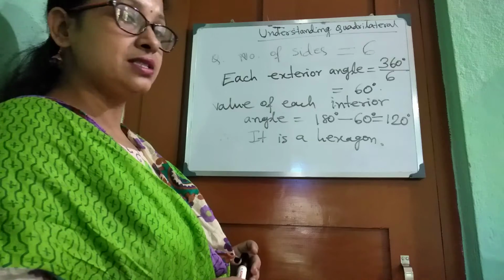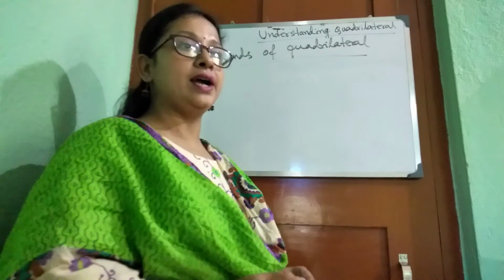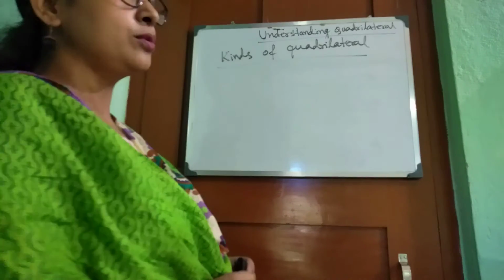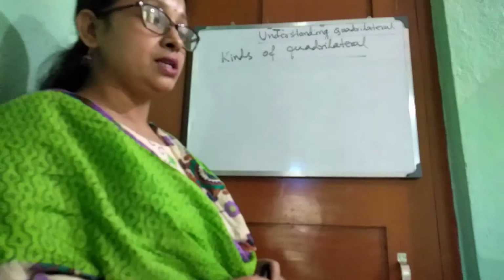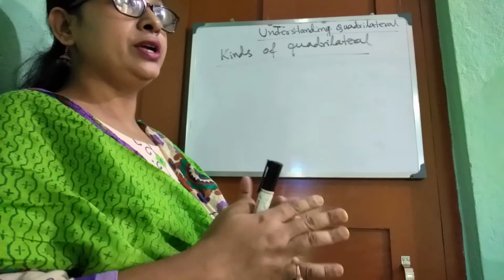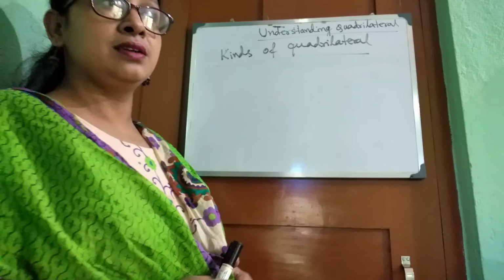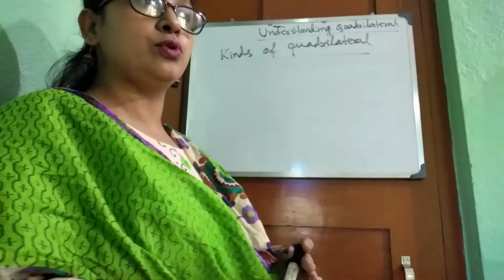Okay, now next about quadrilateral, kinds of quadrilateral. In a quadrilateral there are 4 sides, but according to the value of angles, the relation between the sides, and the relation between the diagonals, there are different kinds of quadrilateral.